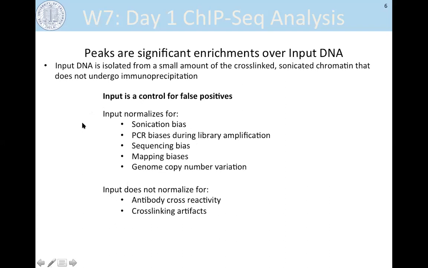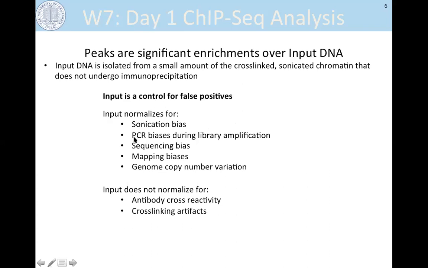So it's known that certain chromatin regions sonicate better than others, specifically sites where the chromatin is more accessible or more open, as opposed to sites where the chromatin is more condensed, those sites are less sensitive to sonication. So open chromatin sites can often be overrepresented just by sonication bias.